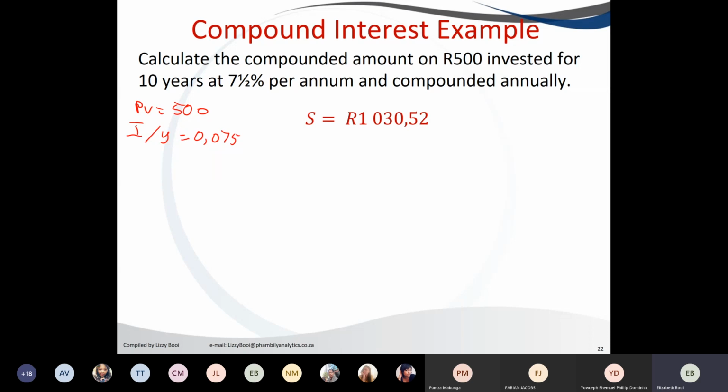You will be given N, and your N is your period, which is 10 years, and then the compounding periods, which are annually, which is 1. So you need to always state what you are given in the form of your financial calculator.